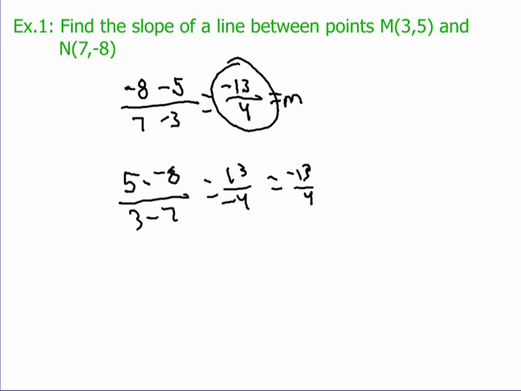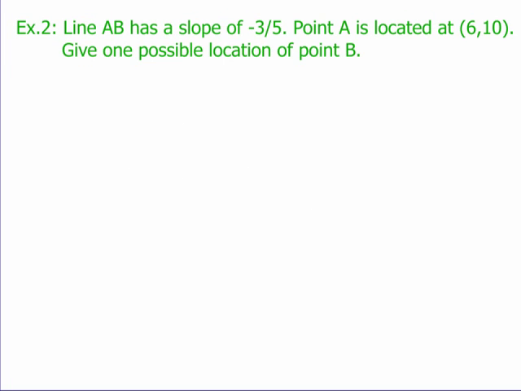Let's take a look at a different problem that's maybe a little more challenging. This one says line AB has a slope of negative 3 over 5. Point A is located at 6, 10. I want to give one possible location of point B. So I know A is at 6, 10, and then I've got point B, and I don't know the location of the point there, so I'm just going to call it x, y.